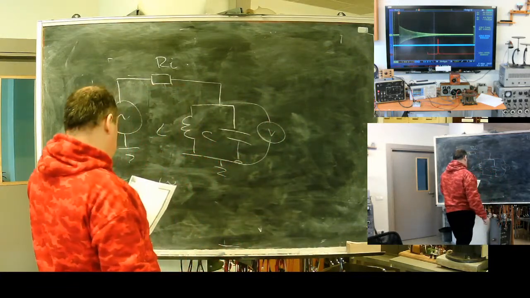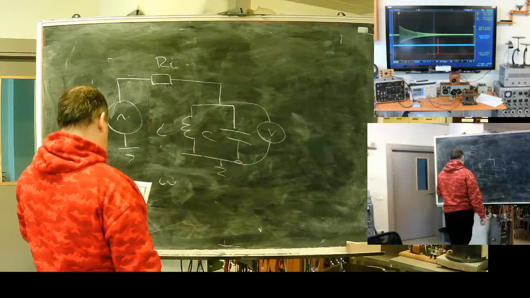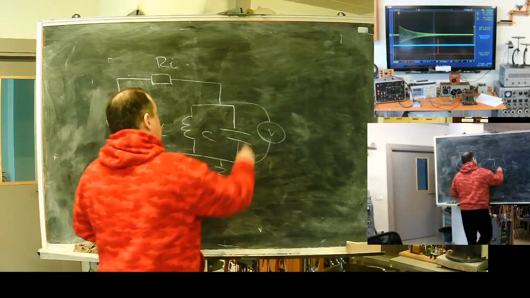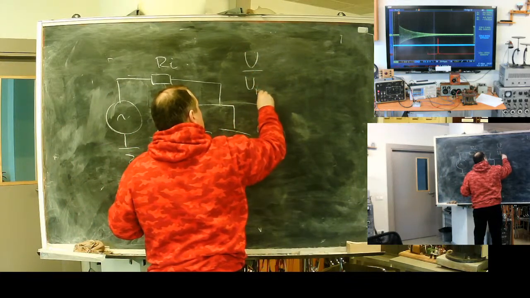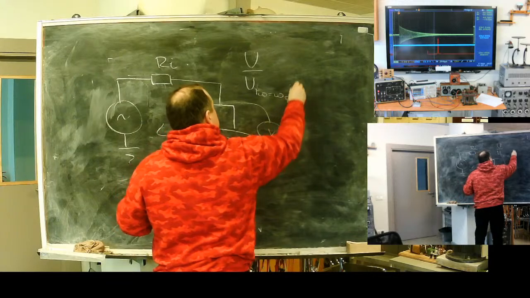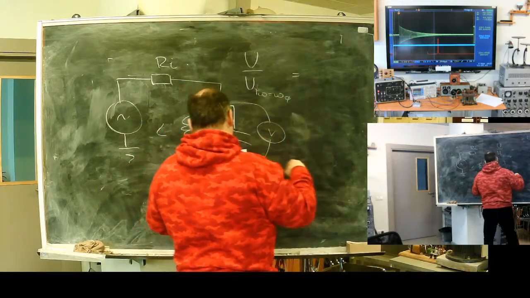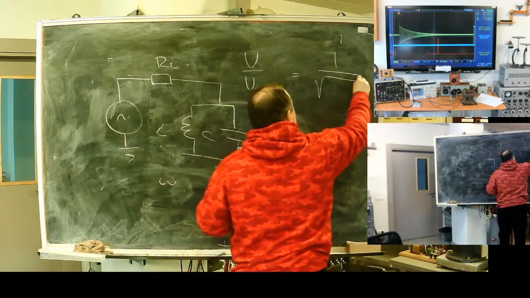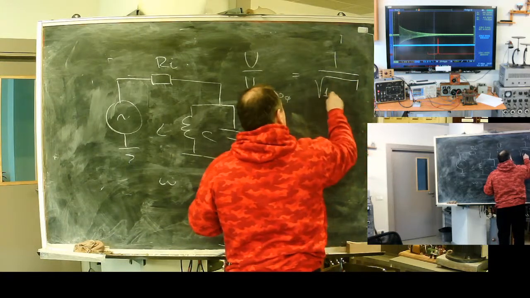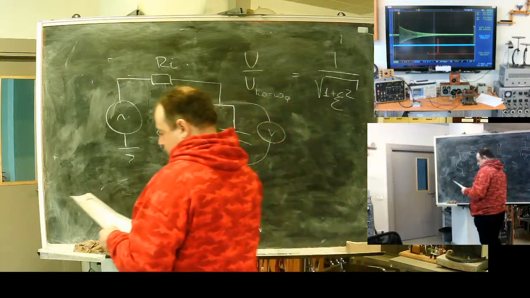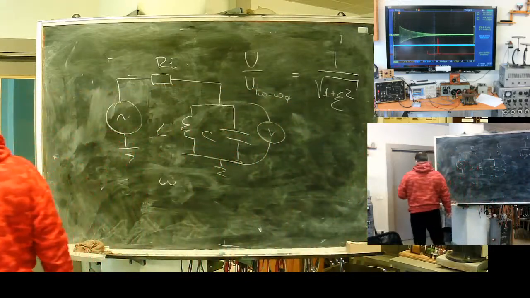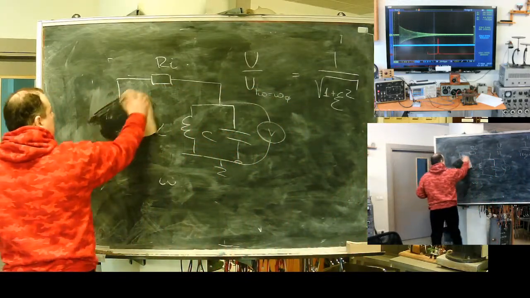This voltage can be characterized at the resonance point, so at frequency equal to omega 0. The characteristic will be the same, 1 divided by square root of 1 plus the shift squared. Same thing.